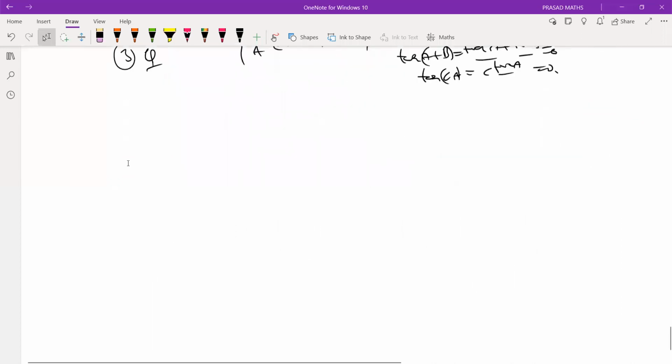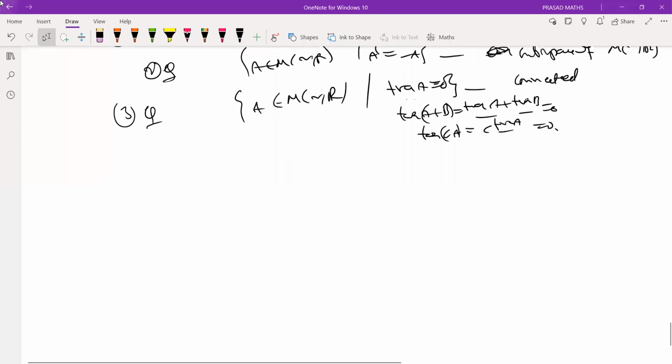Next property. Convex set. Tell me, what is a convex set? Convex means looking like an interval. Convex means joining any 2 points, any line segment.